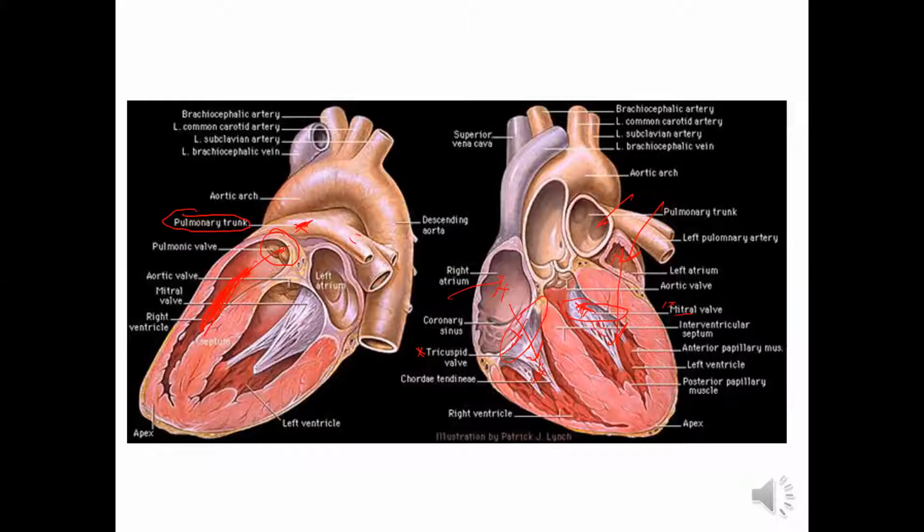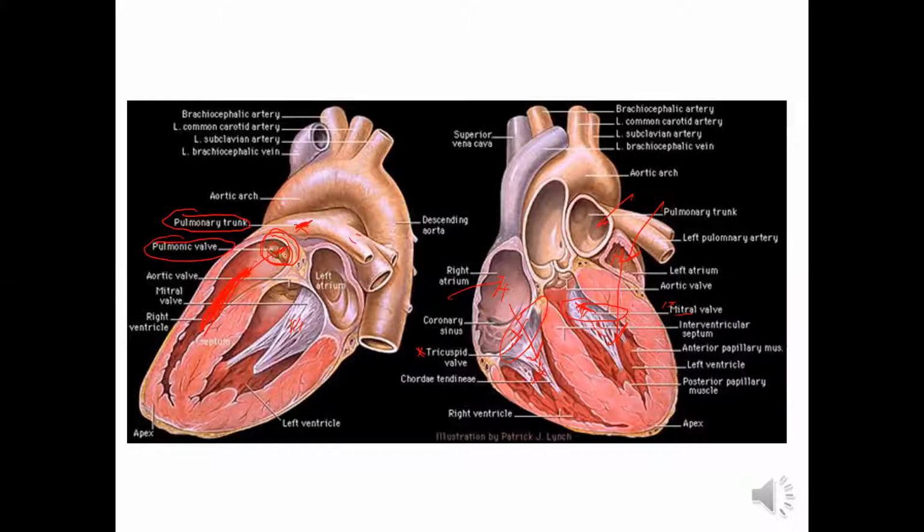So this is one of the two semilunar outflow valves, and this one is called the pulmonary or pulmonic valve. Notice it doesn't have all the chordae tendineae and other parts, which I'll show you later. So the first valve we're meeting that's preventing backflow from leaving the heart is the pulmonary valve, a semilunar outflow valve. For now, it's good that you separate the functions of the valves.